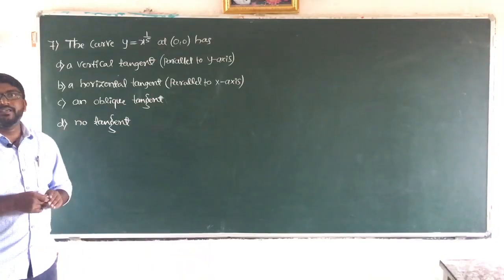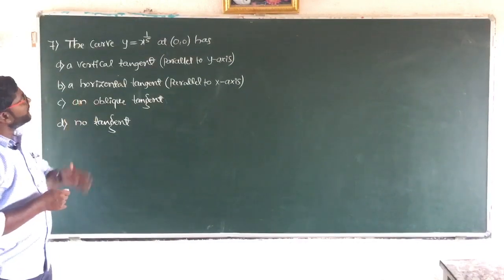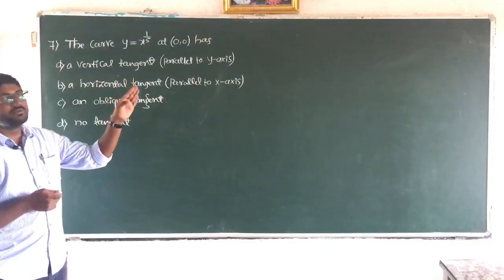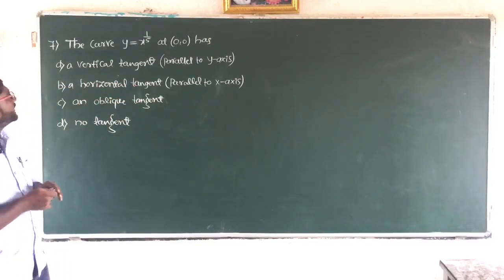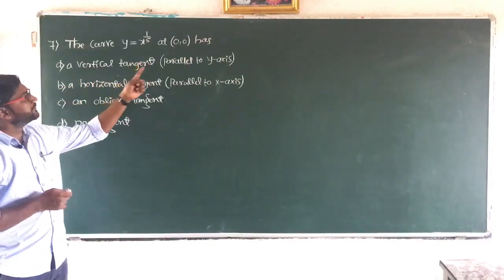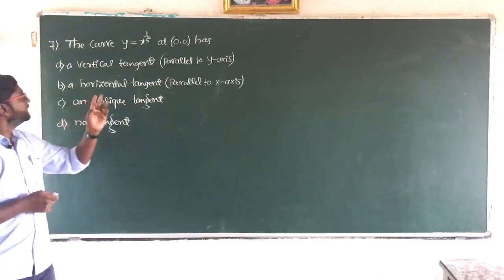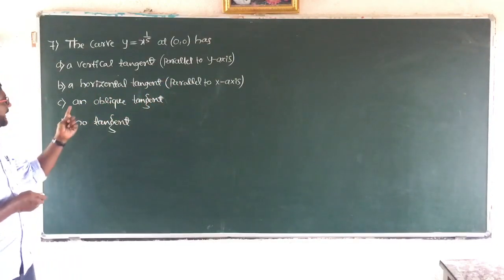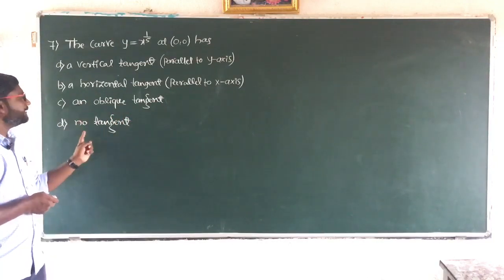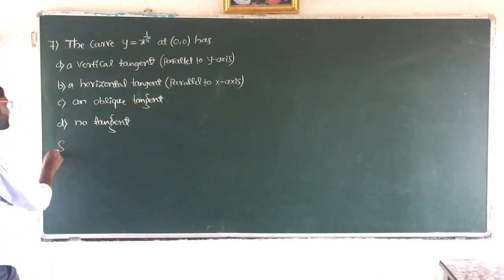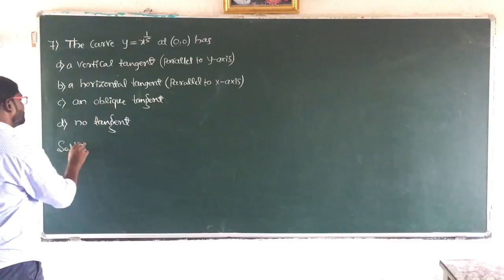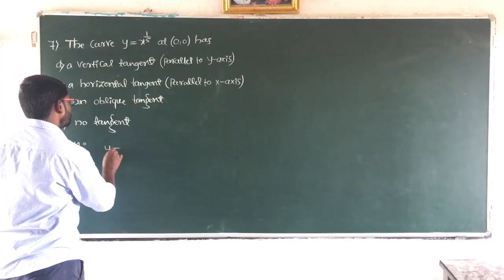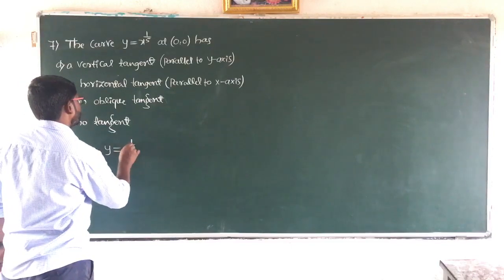So, let us solve the exemplar problem. The curve y is equal to x to the power 1 by 5 at 0 comma 0 has, the four options are a vertical tangent that is parallel to y axis, a horizontal tangent that is parallel to x axis, an oblique tangent, and no tangent. Consider the given curve y is equal to x to the power 1 by 5.